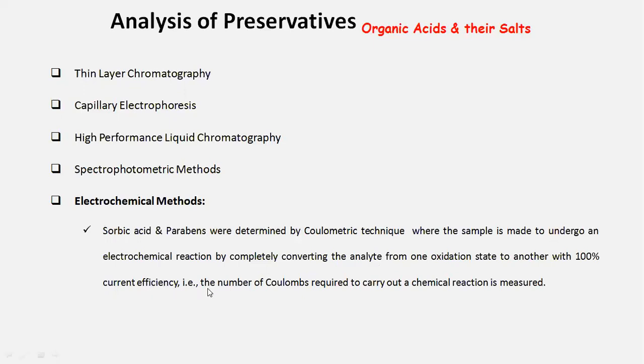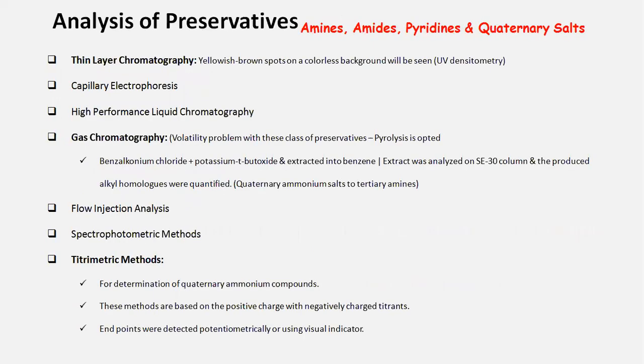So that is, the number of coulombs required to carry out a chemical reaction is measured in this method. So that is the electrochemical method, and this is the list of analytical techniques for preservatives of organic acids, salts and their esters.